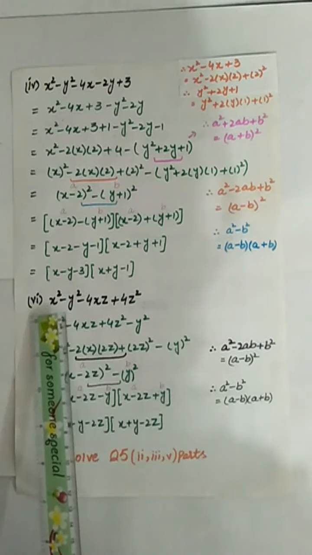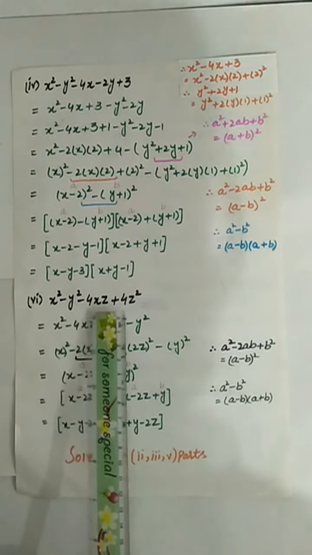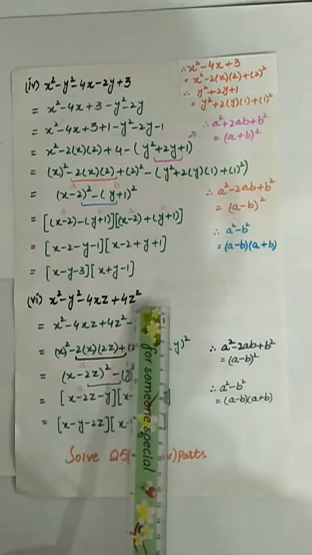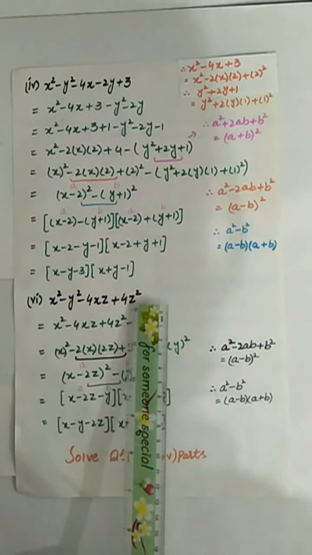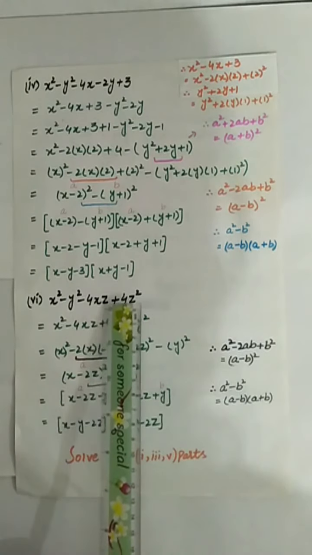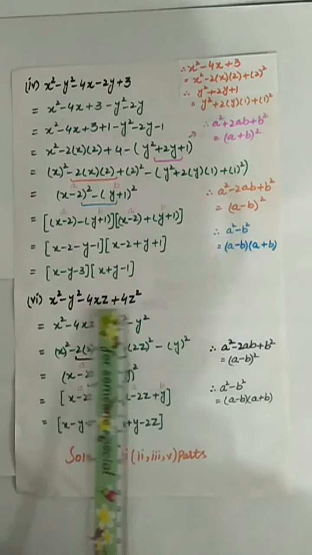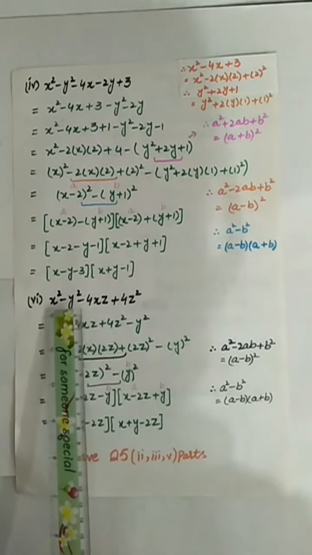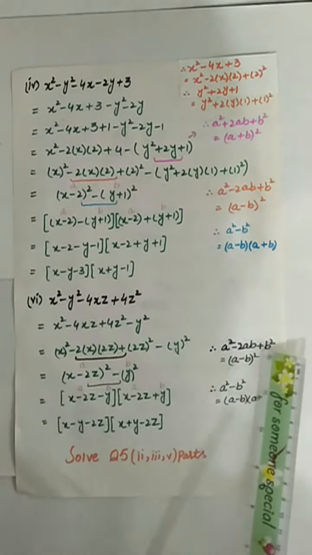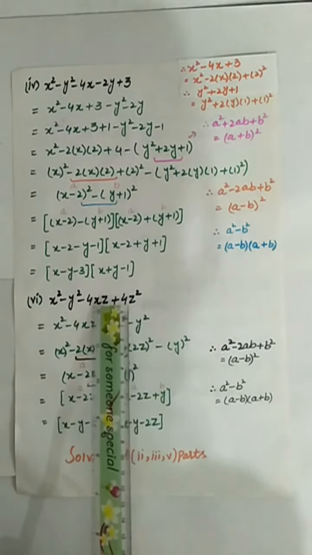Now we take the sixth part of question number 5, which is x square minus y square minus 4xz plus 4z square. This xz shows that according to this formula we will complete the square, and the term which we require is x square. This is a square according to this formula, because here this is ab and here this is xz.